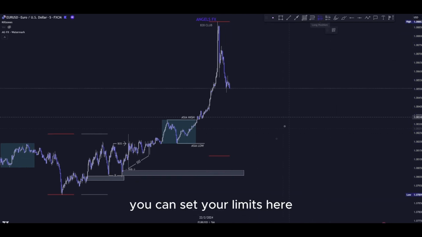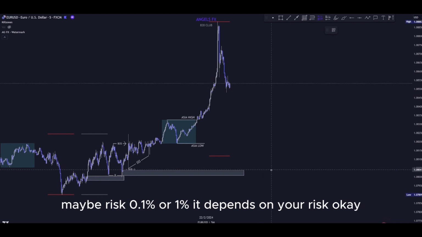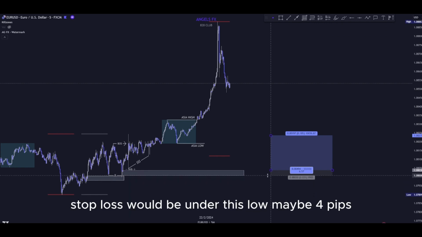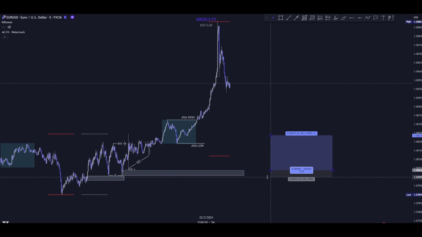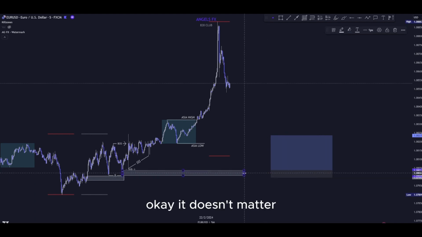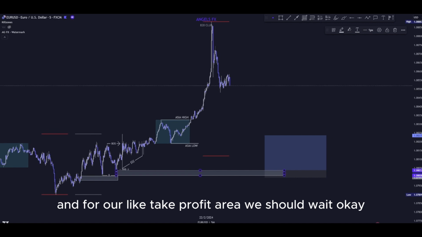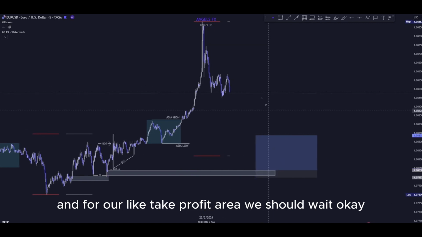You can set your limits here, maybe risk 0.1% or 1%, it depends on your risk, okay? Stop loss would be under this low, maybe 4 pips. Okay, it doesn't matter. And for our take profit area, we should wait, okay?